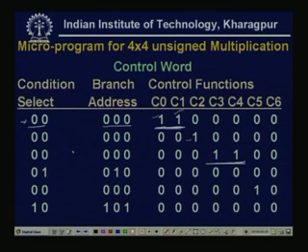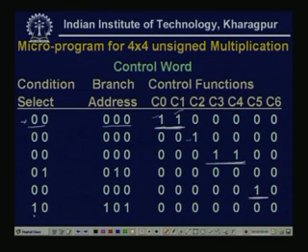Now, when the condition select is 01, the branch address is 010, and the control functions are all 0, because if Z equals 0, then it goes to address 2. Now, when the select is 00 and the branch address is 000, then C5, which means the register R is assigned to the out bus, is selected.